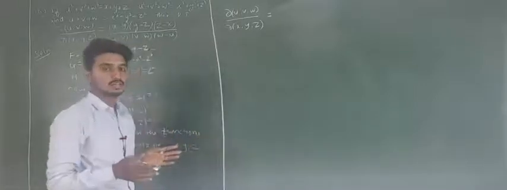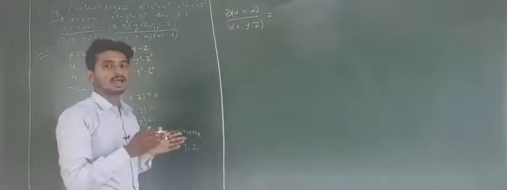This can be written by the implicit property. In the implicit property with two functions we wrote minus 1 whole square.